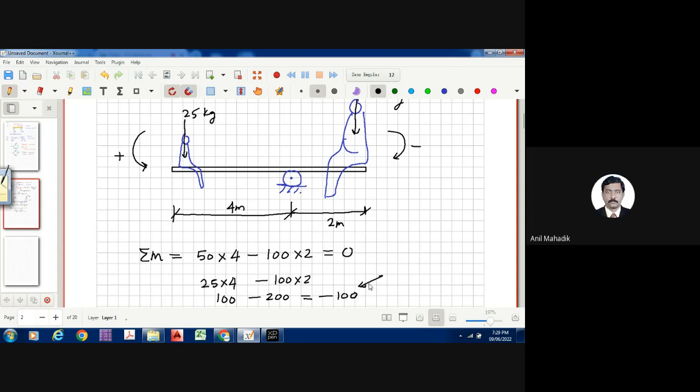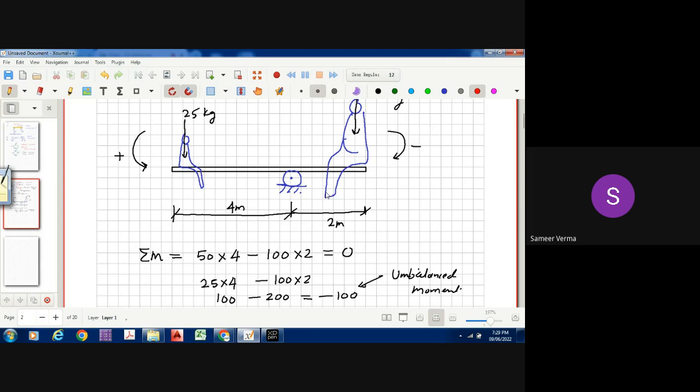So there is an unbalanced moment, not equal to 0, and not in equilibrium. What will happen to this rod, this horizontal rod or platform?